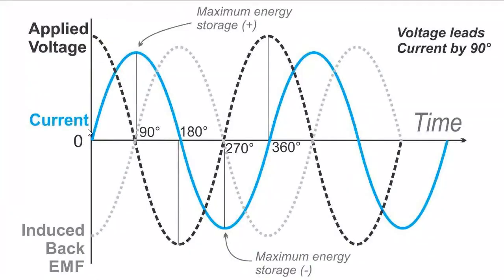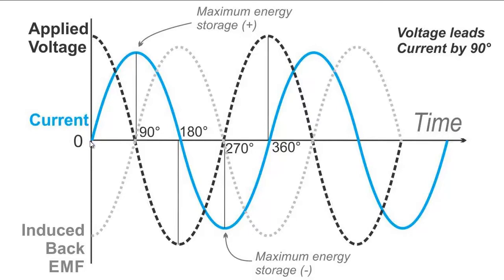Okay, we can see here we've got an applied voltage, a current, and then a back EMF, with our positive amplitude and our negative amplitude on our Y scale, and time again on our X scale. Now what they're telling us here is that the voltage leads the current by 90 degrees.